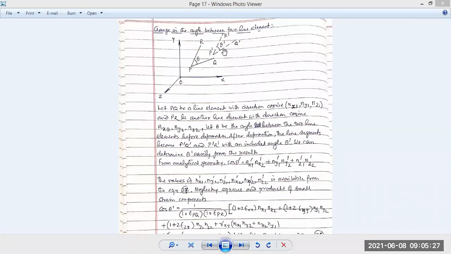We can determine theta dash from the results of analytical geometry. Cos theta dash equals nx1 dash nx2 dash plus ny1 dash ny2 dash plus nz1 dash nz2 dash.